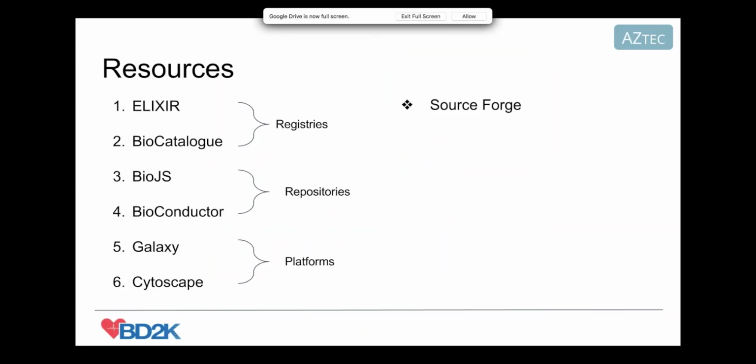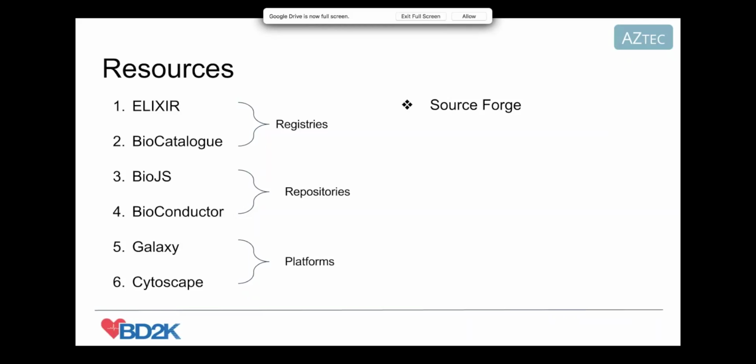So currently we collect resources from 6 different sources. Both ELIXIR and BioCatalog are existing resource registries. Bio.js is a repository for JavaScript libraries for visualizing biological data. Bioconductor is a repository for R packages for analyzing high throughput genomic data.